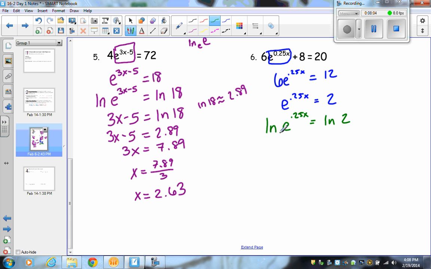Again, this really has an imaginary e right here, so this is just going to be 0.25x equals, I'm going to type the natural log of 2 in my calculator and get about 0.69, and then divide by 0.25, and we get 2.77.